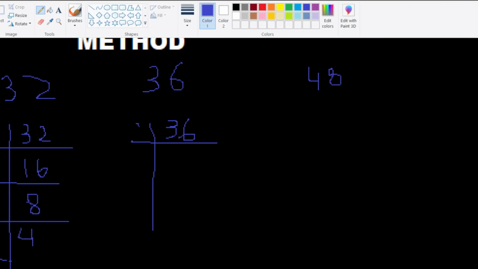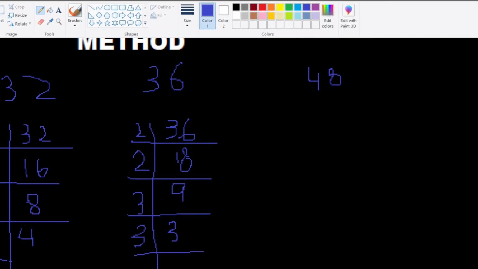Again divisible by 2, gives us 18, which is divisible by 2 and gives 9, which is divisible by 3, gives 3, and then 1. Last, 48.